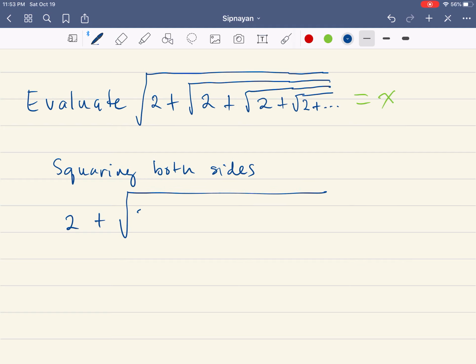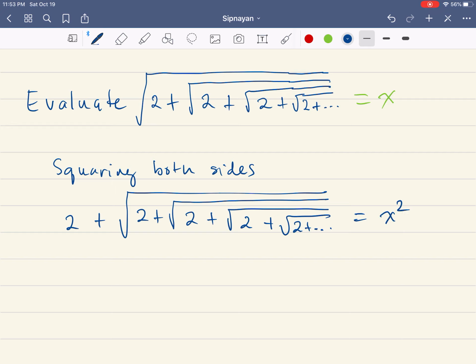Matitira is square root of 2 plus square root of 2 plus square root of 2 plus square root of 2 plus and so on equals x squared, no? Kasi in-square ko yung left hand side, syempre square ko yung right hand side.